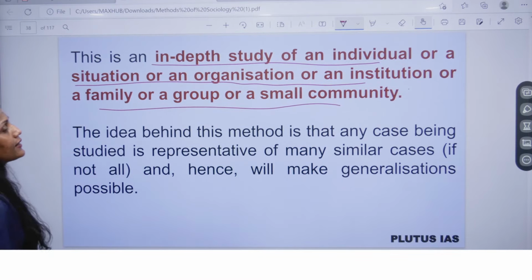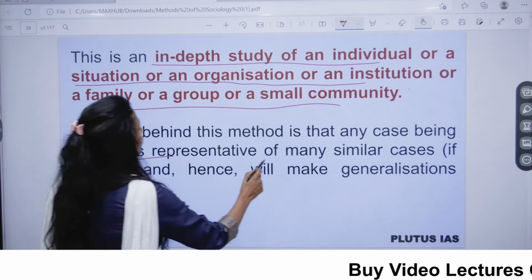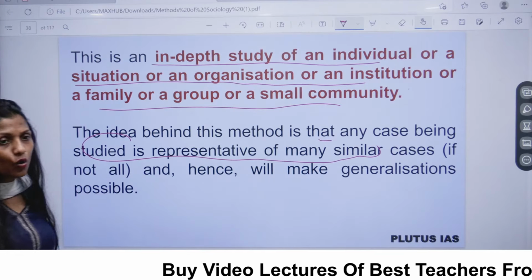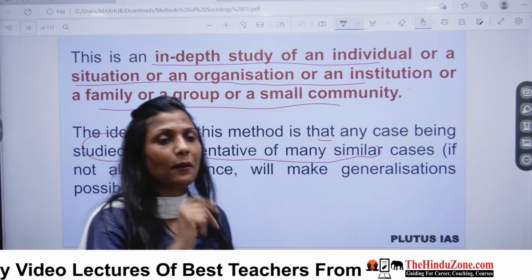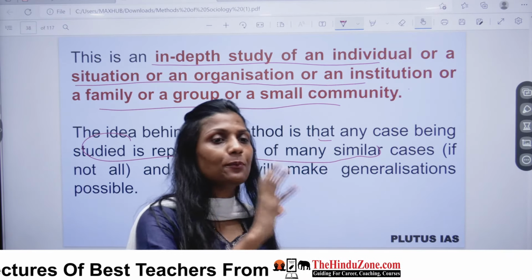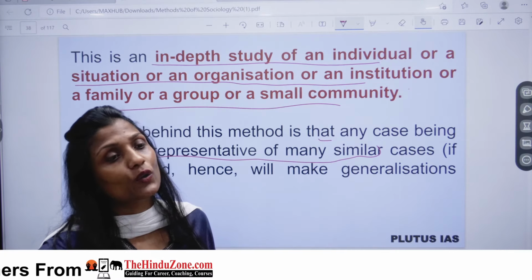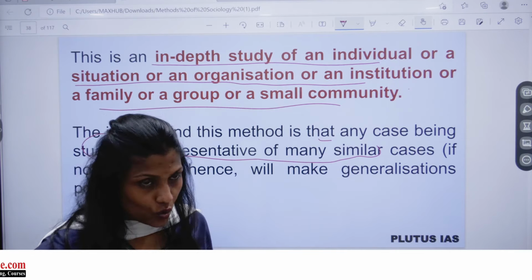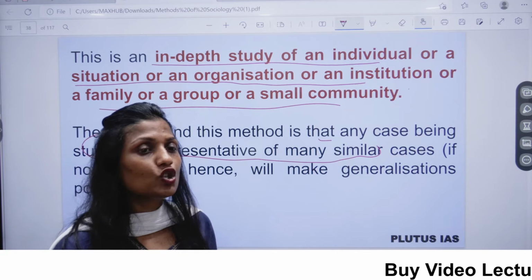So why do we need the case? The case studied is representative of many similar cases. If we study 10 families in very in-depth detail, the way Oscar Lewis conducted it while collecting information on poverty, he said that every family will go through these issues.